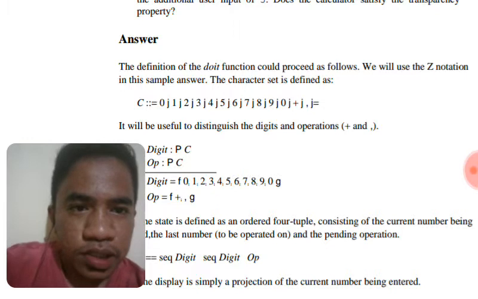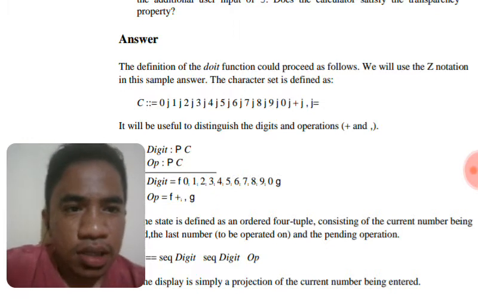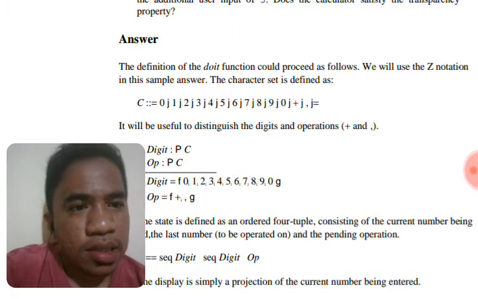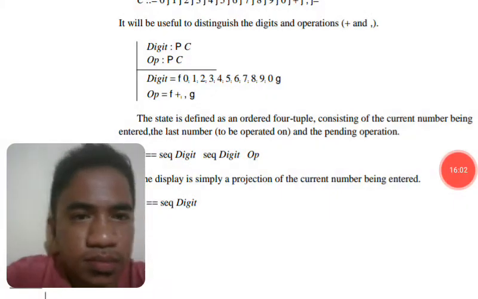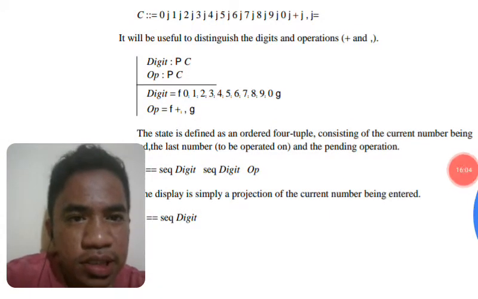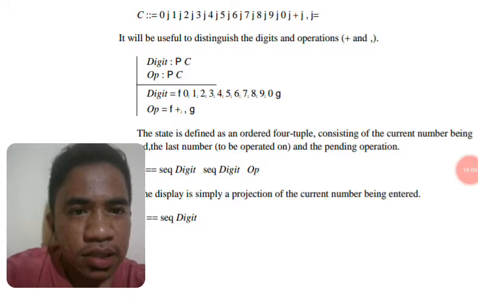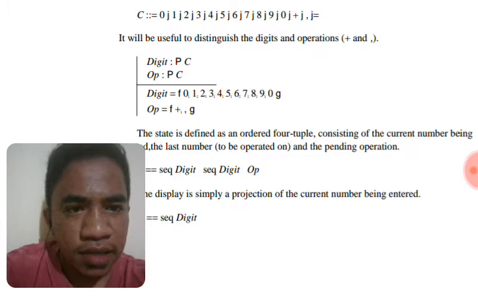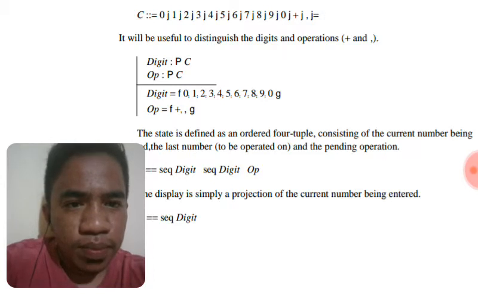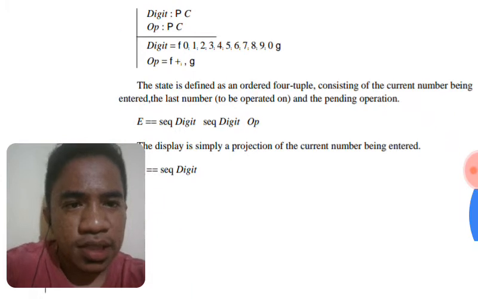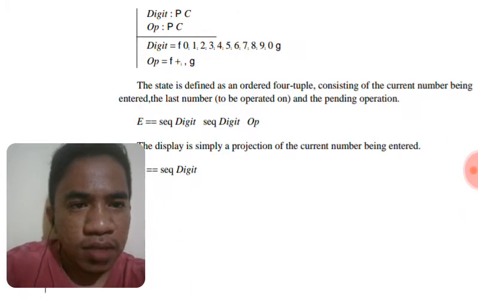It will be useful to distinguish the digits and operations: digit, PC or PC digits, F 0 1 2 3 4 5 6 7 8 9 0 G, OP equals F plus G.